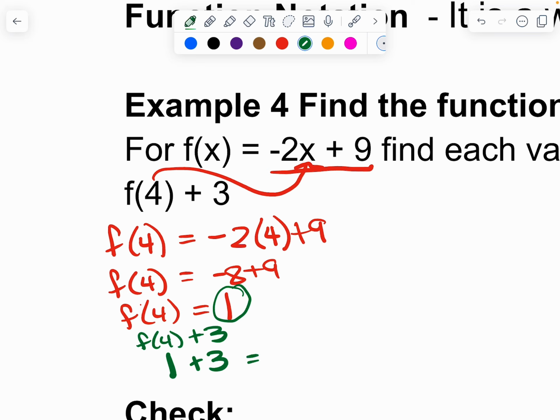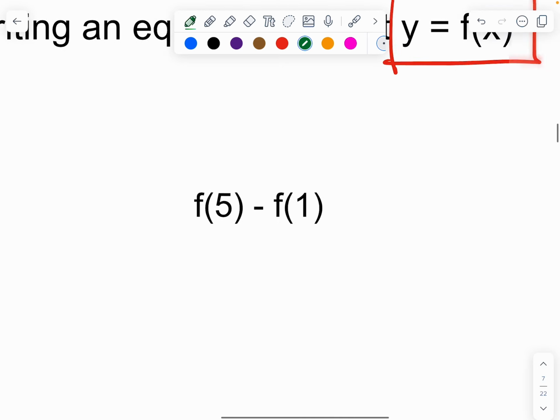So my answer to this question is the number 4. So all we've done is found what plugging in the number 4 would get you. That's all you're doing.